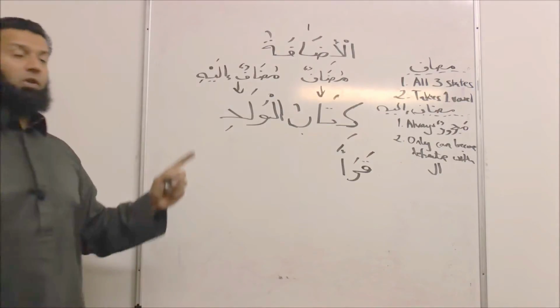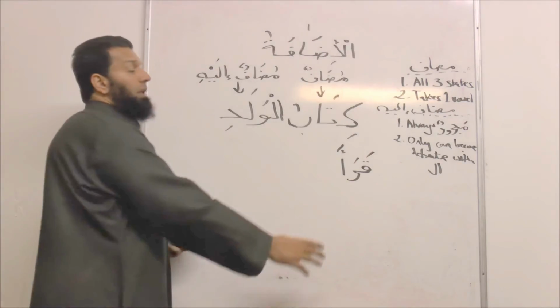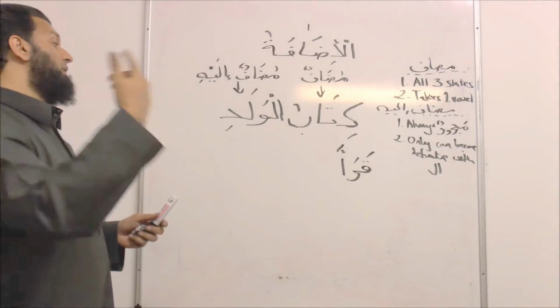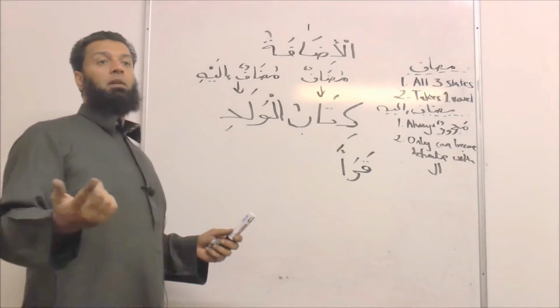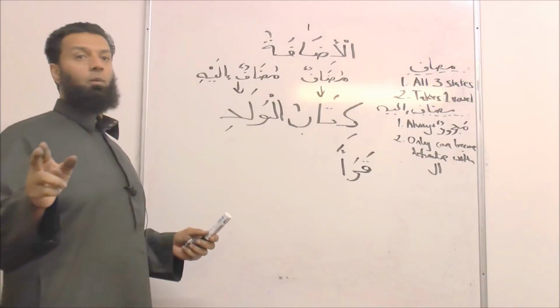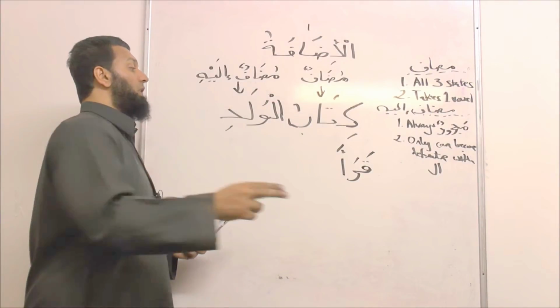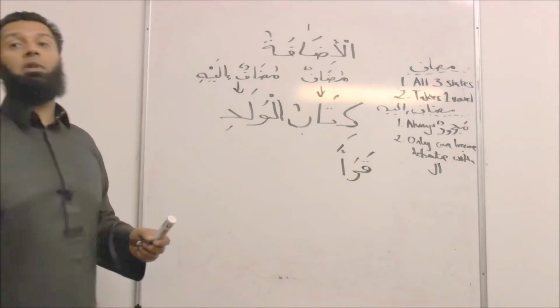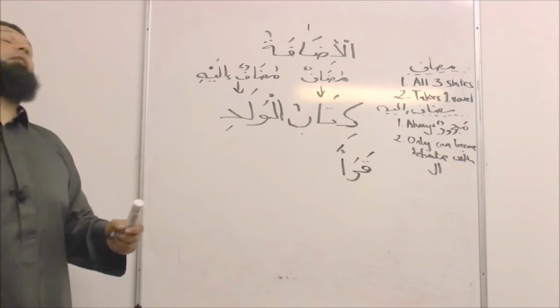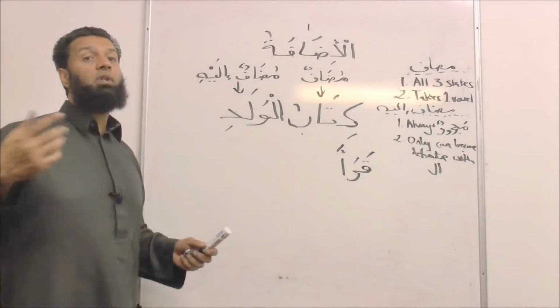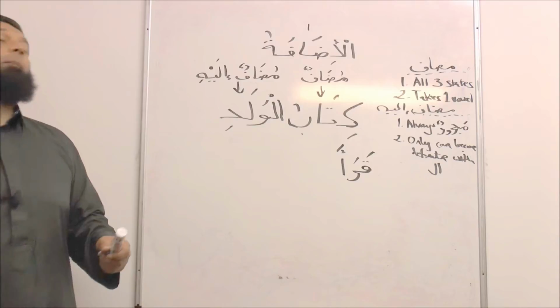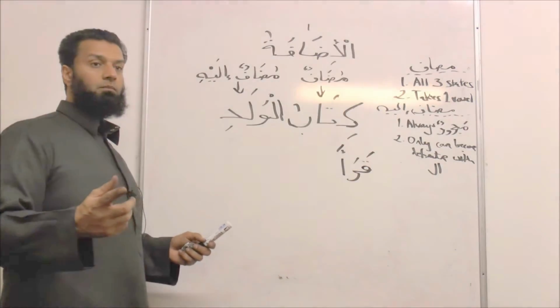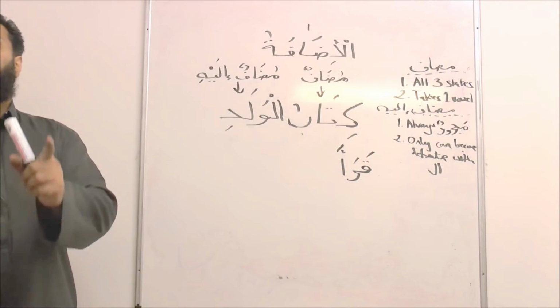Okay? So, we have qara'a, our fi'lun. What comes next? Will the newspaper come now? Well, what ordinarily comes after a fi'lun in a jumlatul fi'liyah? The fa'ilun, the doer. Who's our doer here? The boy's father.